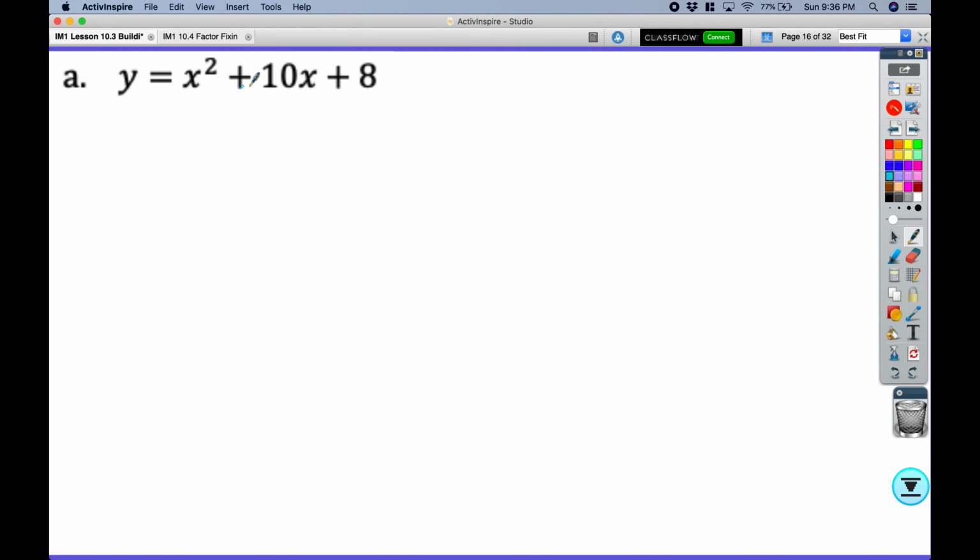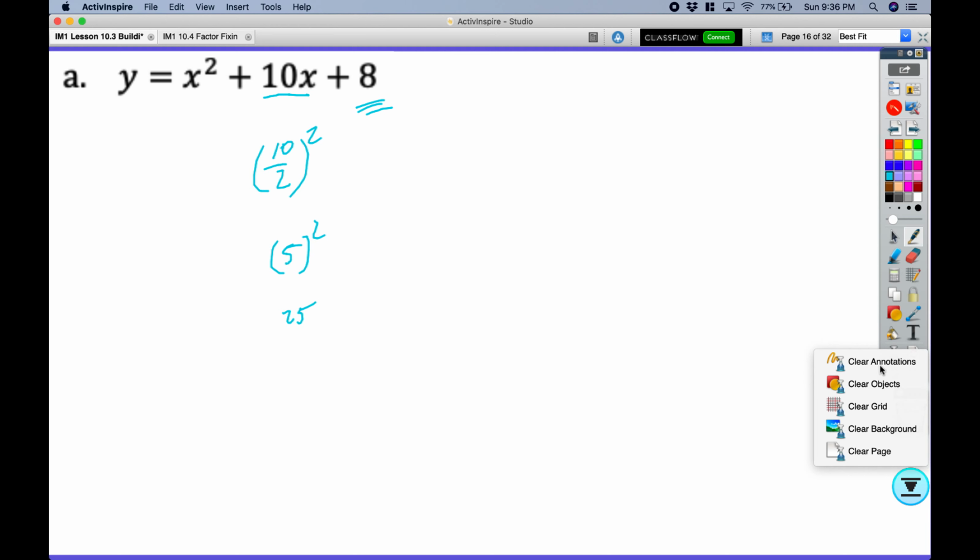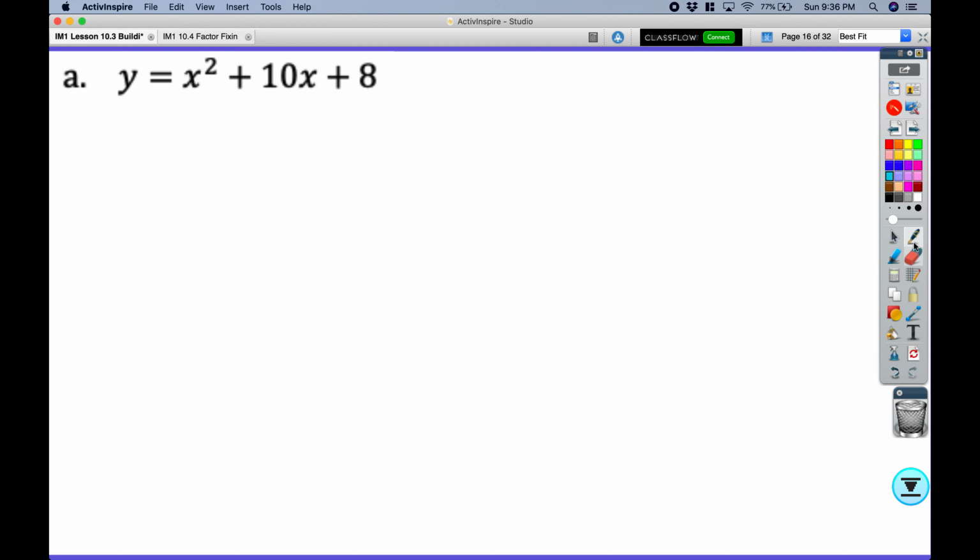So those steps that we wrote down, we're going to do the same exact thing. Right now, I know that this is not a perfect square because if you were to divide 10 by 2 and take that to the second power, that would give me 5 to the second power, which is 25. Well, this 8 does not equal 25, so I know this is not a perfect square. So what we need to do is figure out how can I rewrite this so it is a perfect square. So previously it says make sure you have a coefficient of 1, which I do.